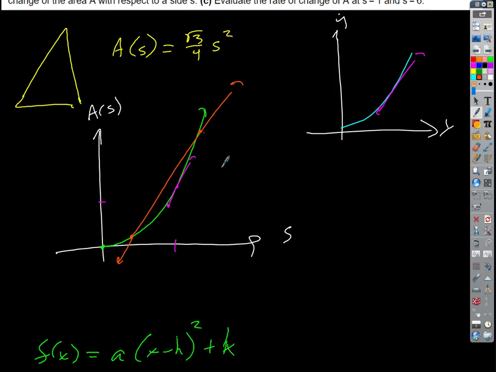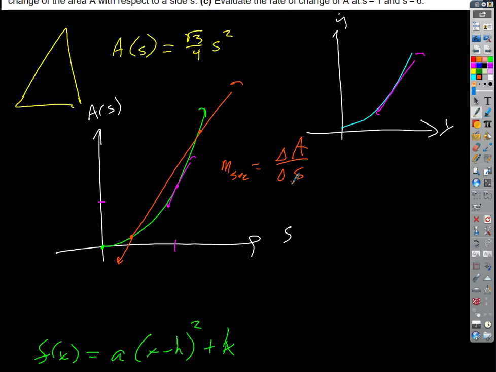We would calculate that as change in A over change in S. Okay, how much did the area change compared to how much the side length changed, right? Well, what if we want an instantaneous rate of change? We could just back up these 2 points so they converge at a single point, right? And then the slope would be a derivative, right?